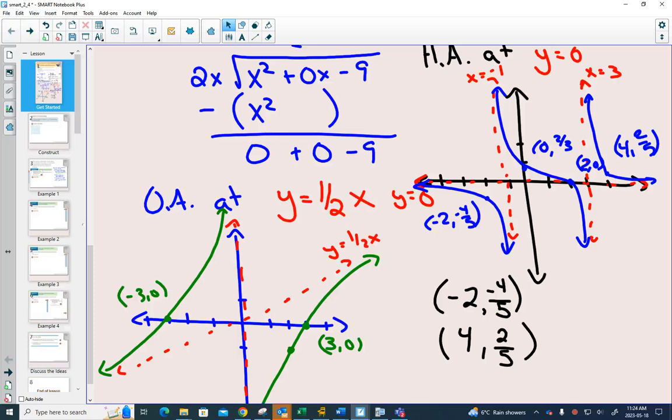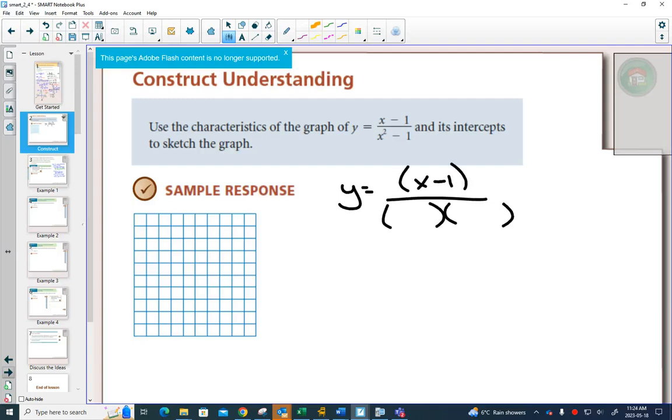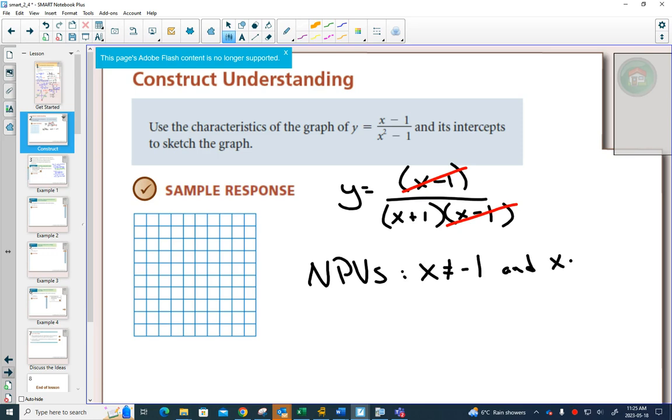And finally, the construct the understanding question. Again, we start by factoring it. Difference of squares on the bottom. And this one simplifies. So, we list our non-permissible values. Still, x can't equal -1 and x can't equal 1.